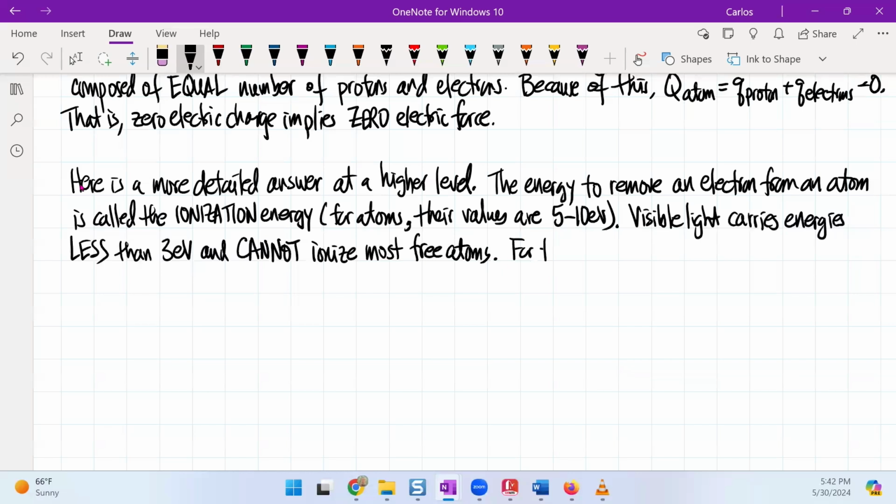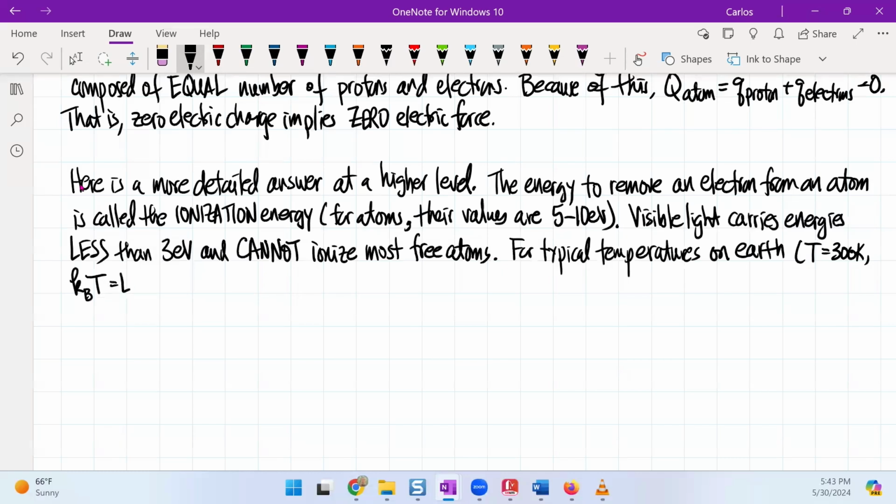For typical temperatures on Earth, here's what you find. Typical temperature is 300 K, somewhere between 70 and 75 degrees Fahrenheit. And that carries an energy, and this is what this kBT means.